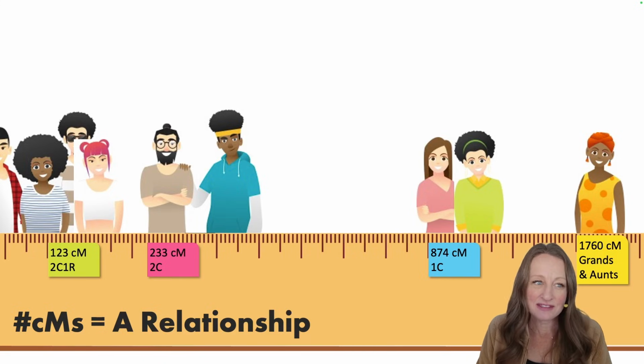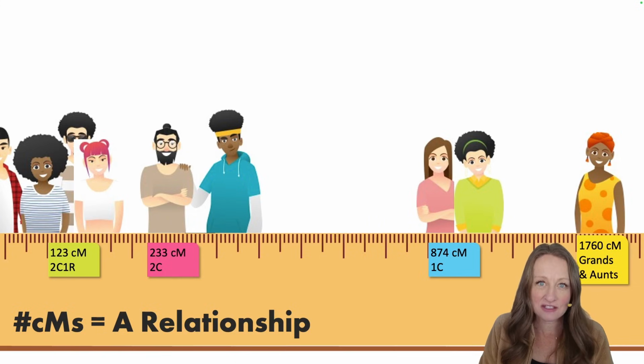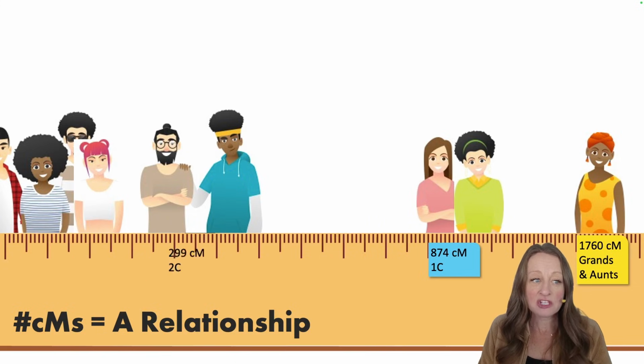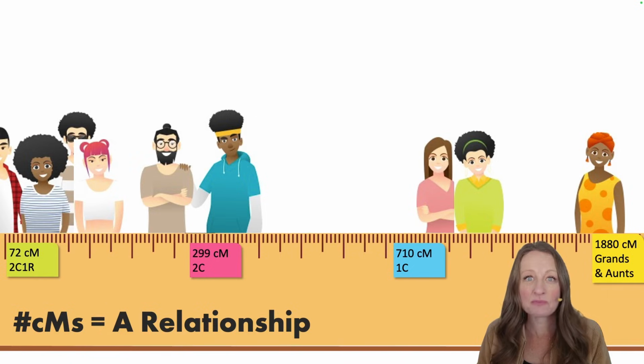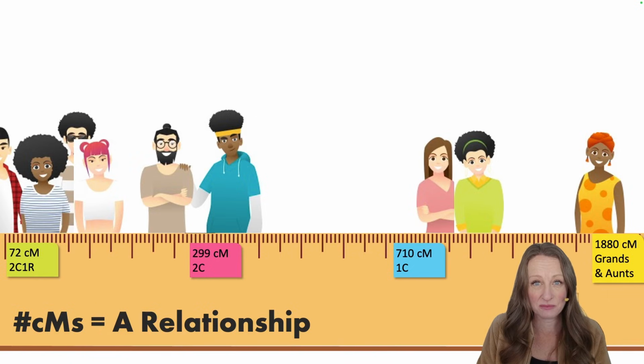The problem is that for each of these kinds of relationships, there are multiple ways you can share DNA. So we could maybe share more or less DNA with people with the same relationship. So it can be a little confusing because there isn't a one-to-one relationship between these genetic relationships and these genealogy relationships.